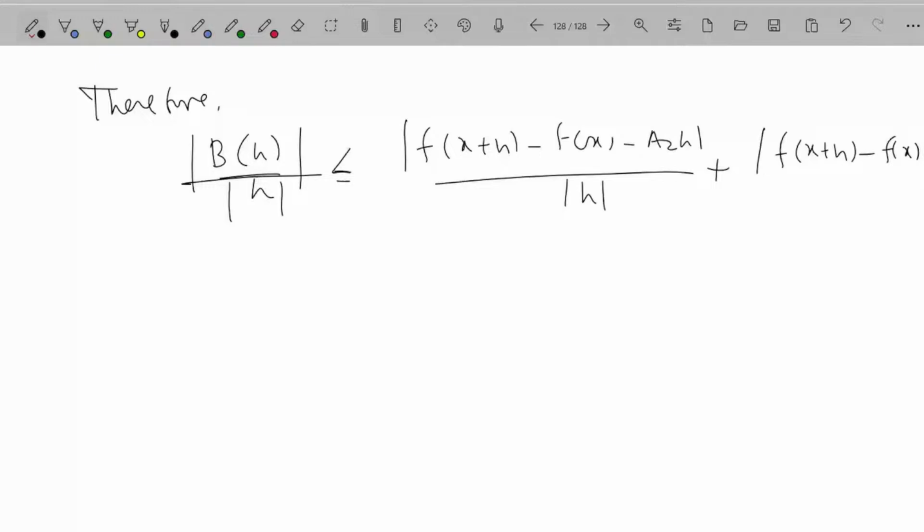Now as h tends to 0, what will happen? As h tends to 0, you can see that B(h) by mod h tends towards 0.